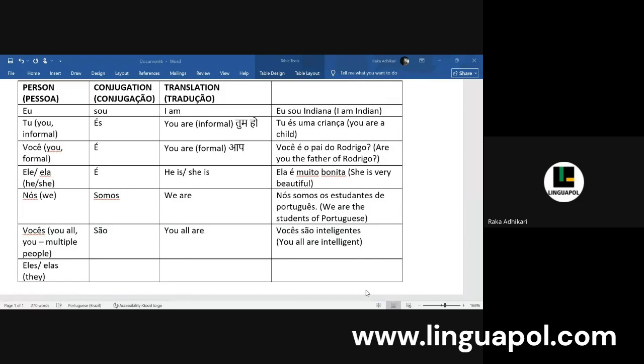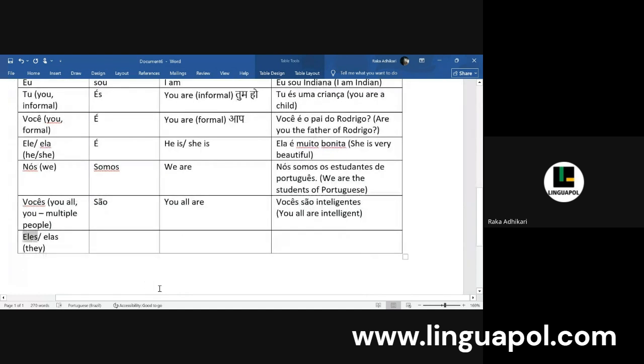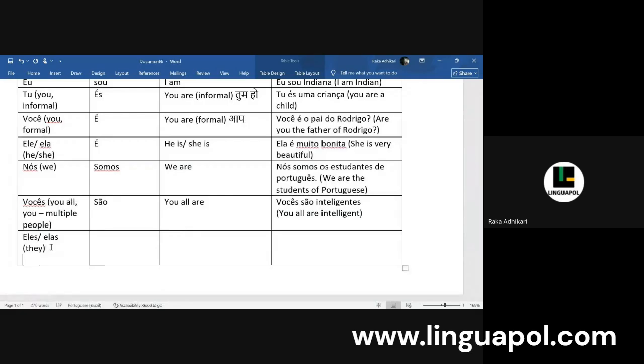But the problem arises, what if we have a mixed group, like the class right now? We have a mixed group of people. There are men, there are women. So in this case, we will refer to this group of people as eles. We will use the masculine plural. So let me mention this here.